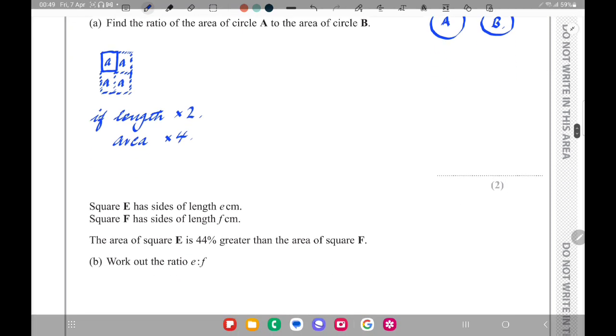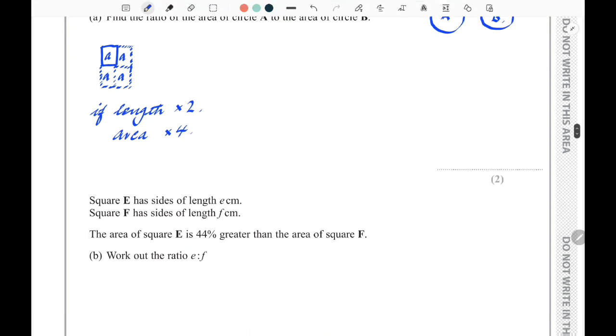And the simple rule on this is that if you have a length that has a scale factor, then the area is given by whatever the length scale factor is squared.